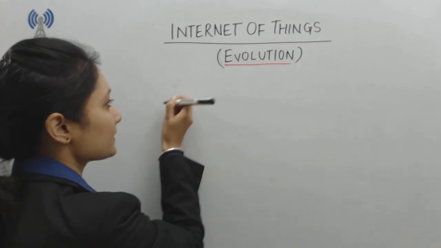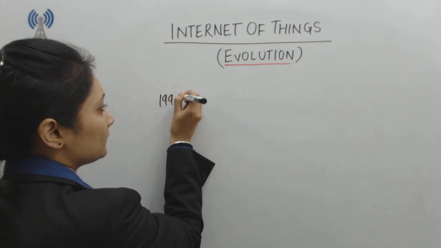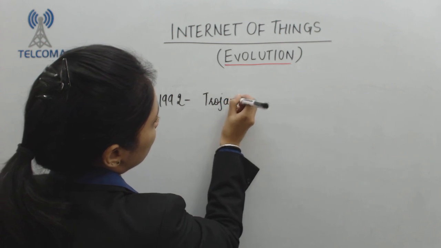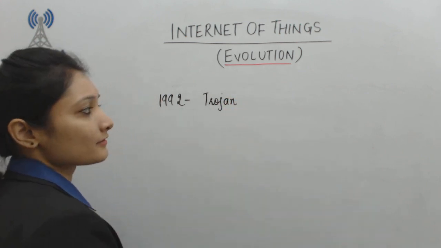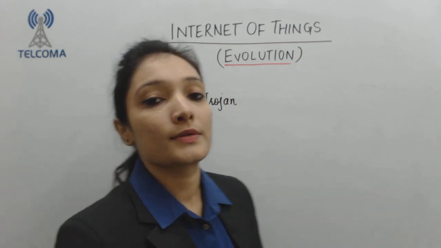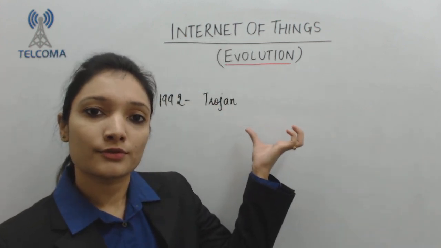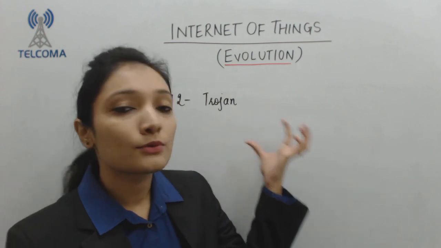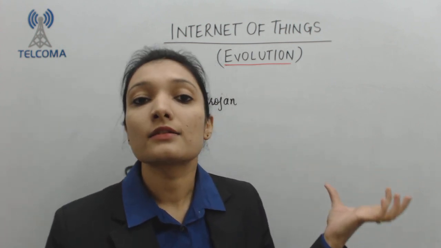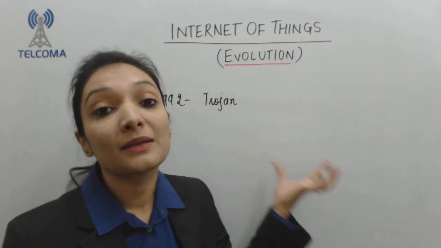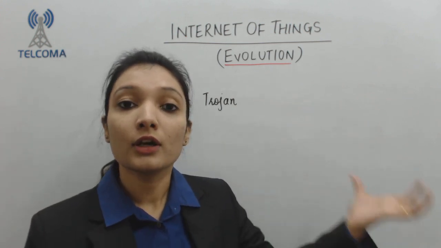We'll start here. In 1992, at the Trojan Lab Center, for the Trojan coffee pot, they used a camera in the room and a server program so that they could capture images of the level of the coffee.